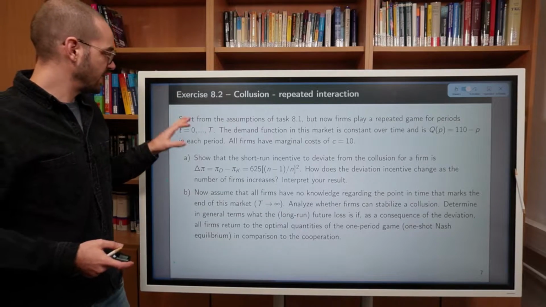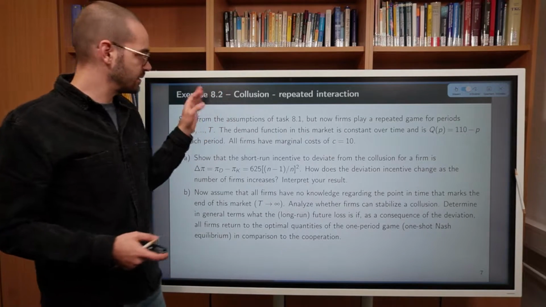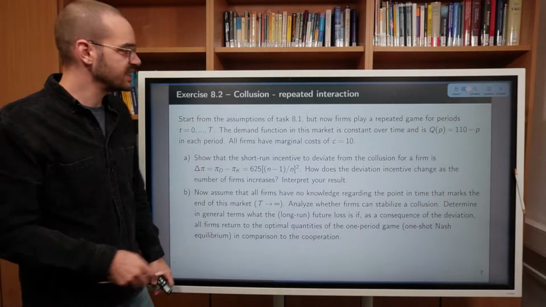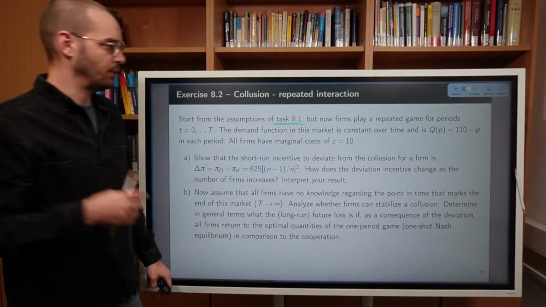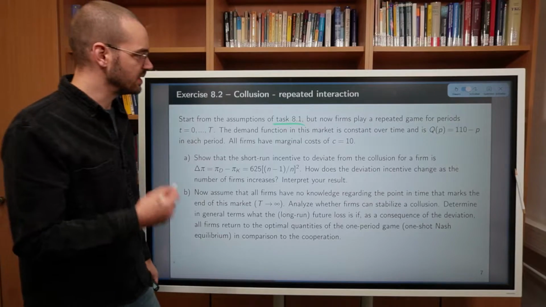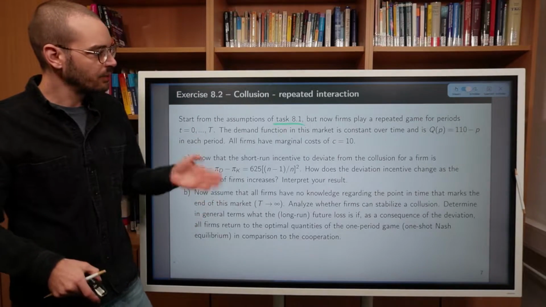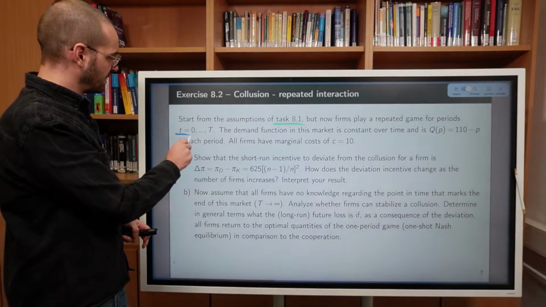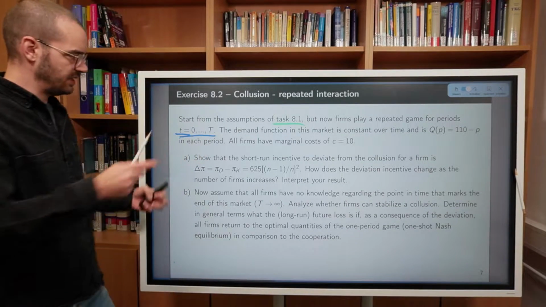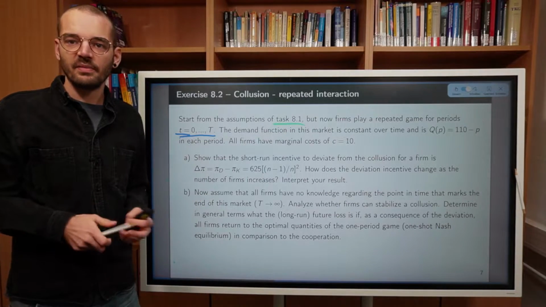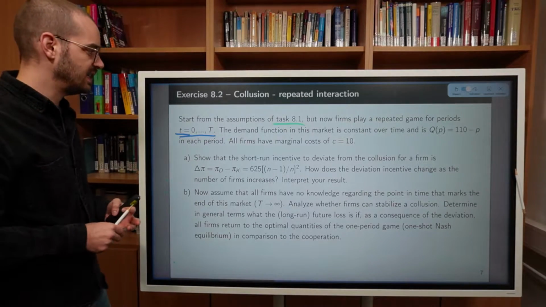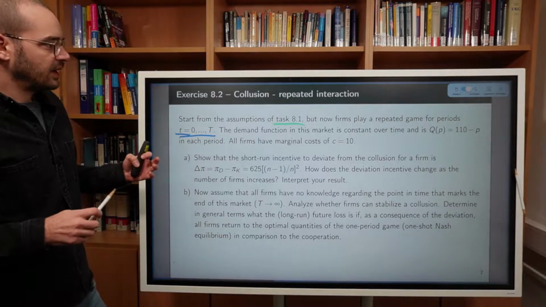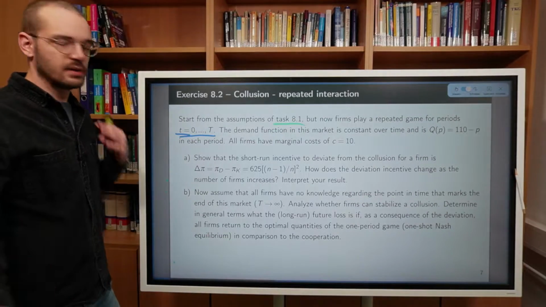As I already said, this exercise builds on the same setting as task 8.1, so we have the same assumptions. But now firms play a repeated game for periods t equals 0 to capital T. So there's some final period capital T. The demand function in this market remains the same.